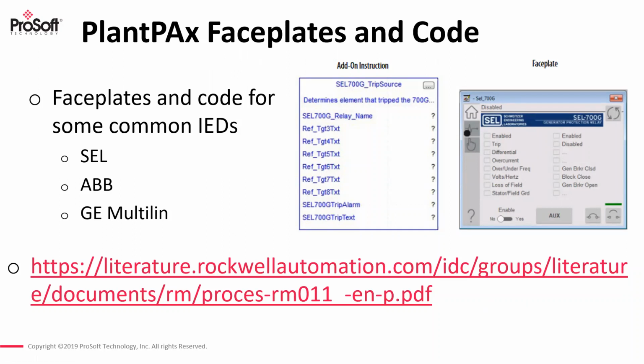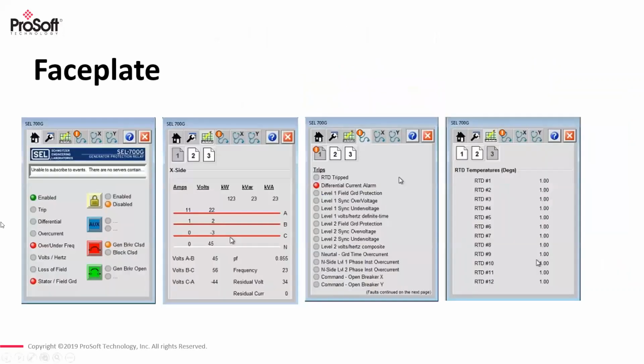In addition to the ability of the EtherNet/IP 61850 module to generate custom code based on your configuration, you now have a standard faceplate that can be used in your applications based on the type of device you're looking to implement, such as here showing a Schweitzer Electric 700G.